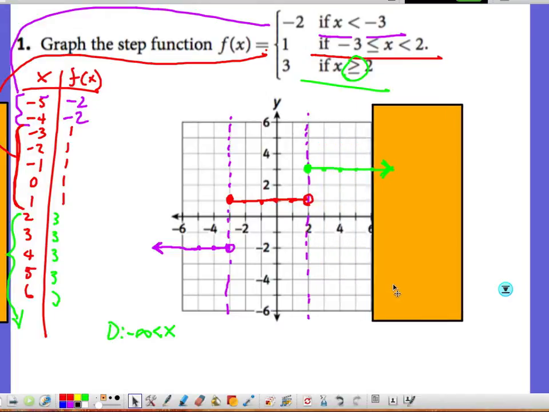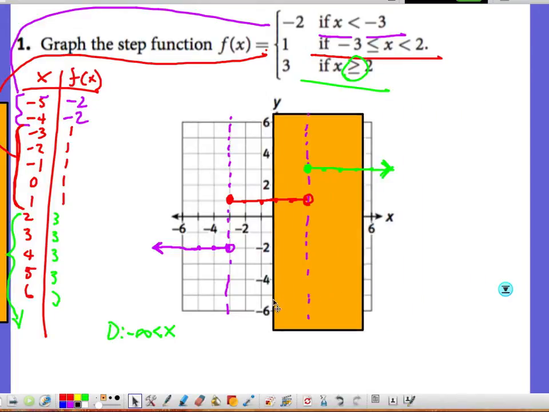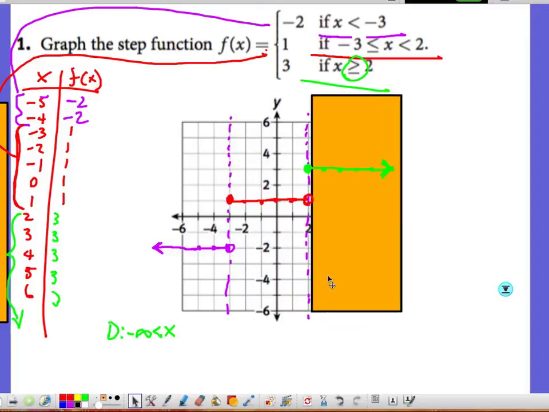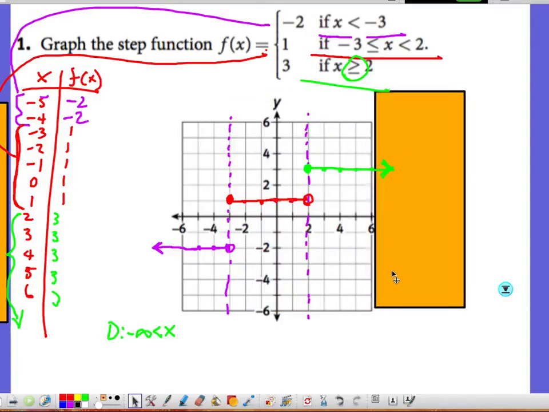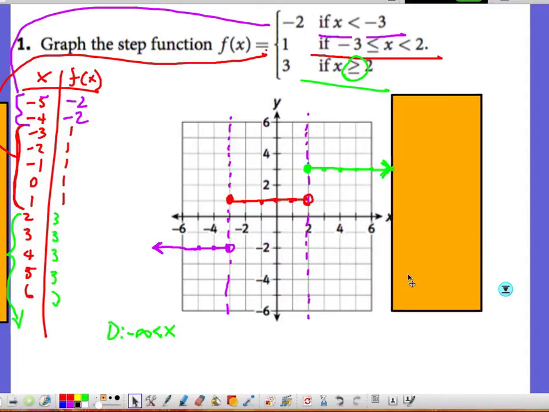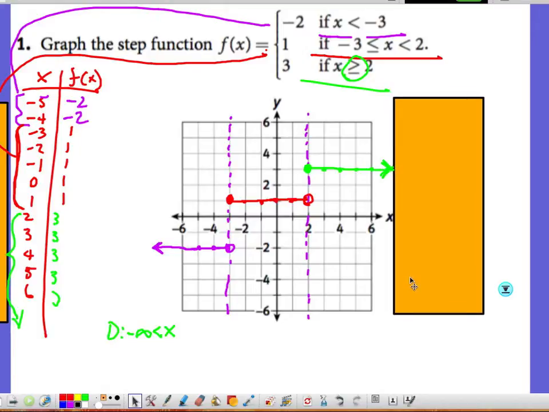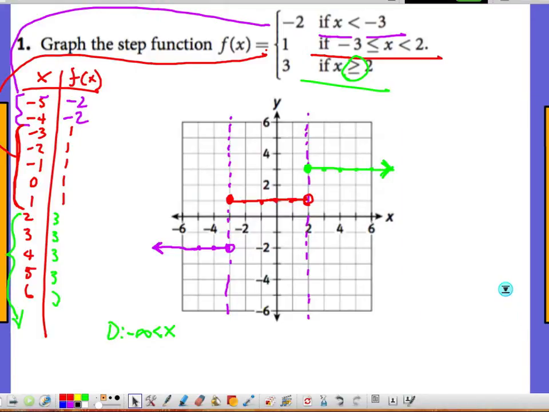Now, when I open this door to the right, again, I'm not going to stop here, here, or here. I'm looking at the whole graph in its entirety. And notice at the end I have an arrow, so that means I keep on going and going, and it goes off to positive infinity. So here's my domain. From negative infinity to positive infinity. So this is the inequality form.